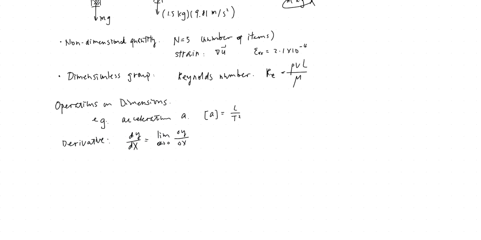That means the dimension of dy/dx is the same as the dimension of the change of y over the change of x, and it's the same as the dimension of y divided by the dimension of x. So this is how you figure out the dimension of a derivative.